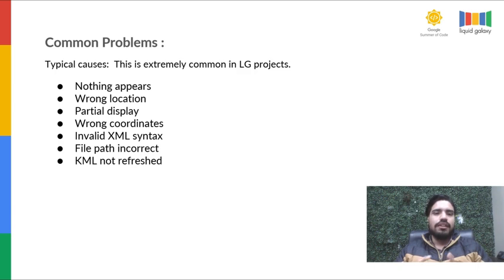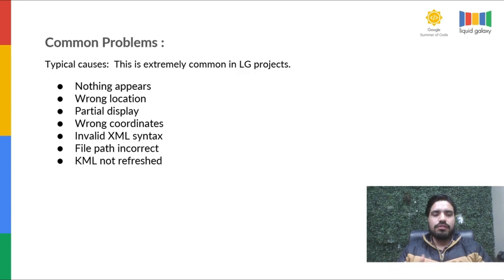And the second one is KML is not refreshed. What does it mean? It means when we send a KML file to Google Earth, Liquid Galaxy continuously monitors it, and Google Earth has to refresh it so that it knows that it received a KML file. Then the main computer reads that file and sends instructions to the respective slave machines.